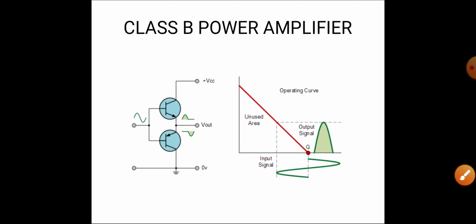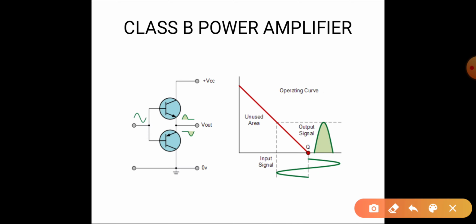So, here is the circuit diagram. This is the push-pull arrangement of the transistors. We will see in the next lecture what exactly the push-pull arrangement is. One is push and the other is pull. Here one is an NPN transistor and the other is a PNP transistor.